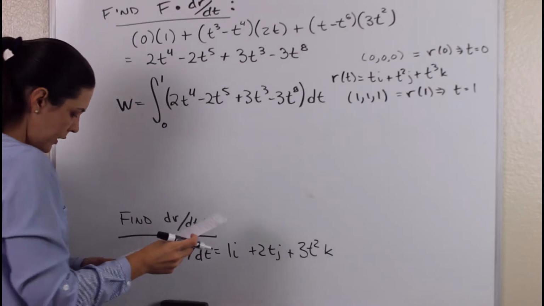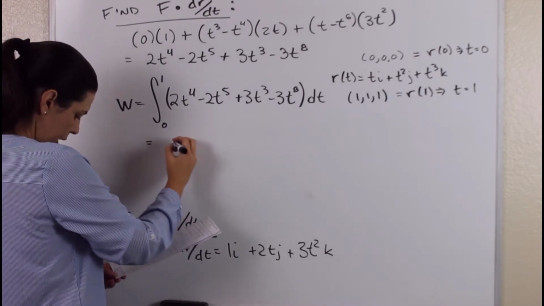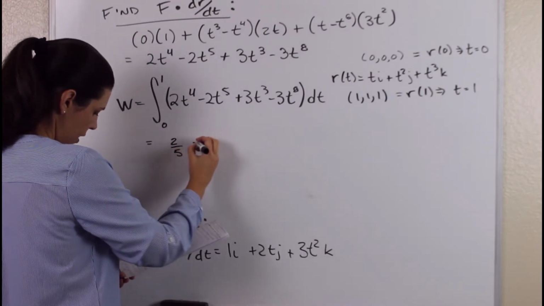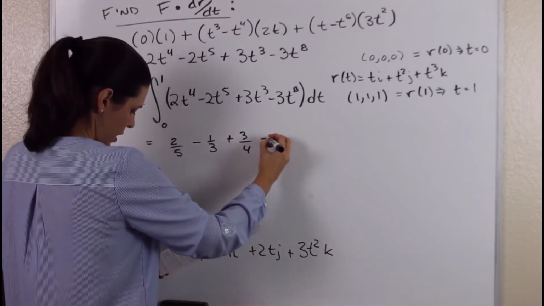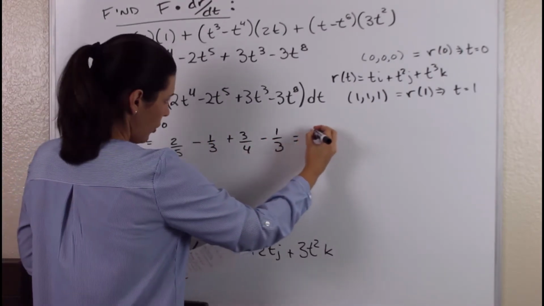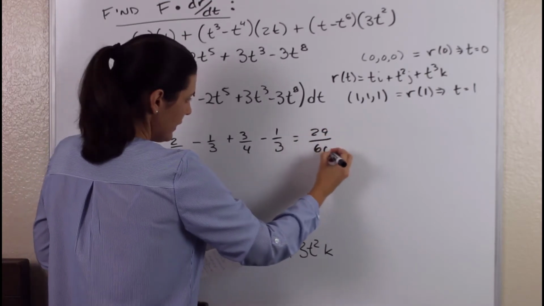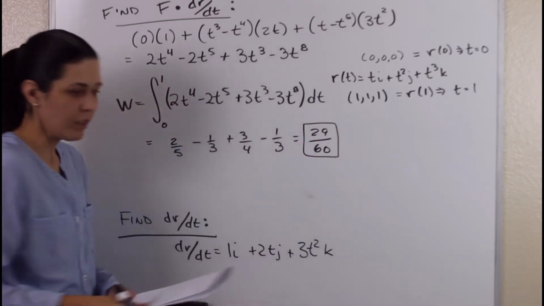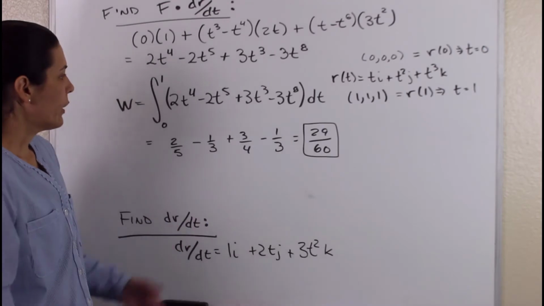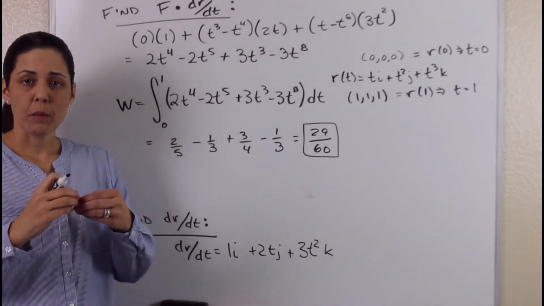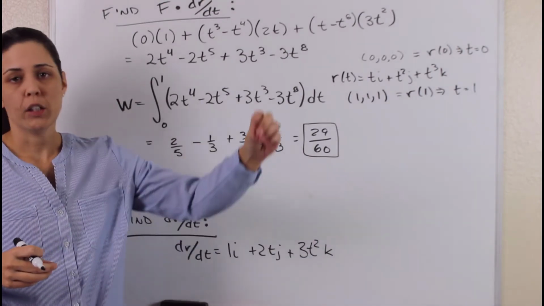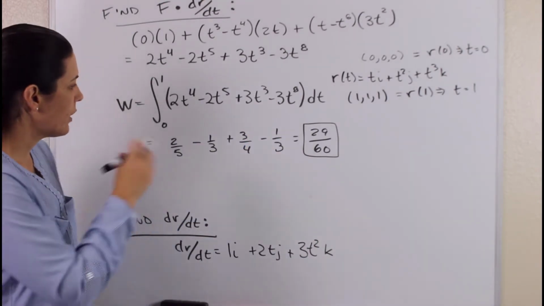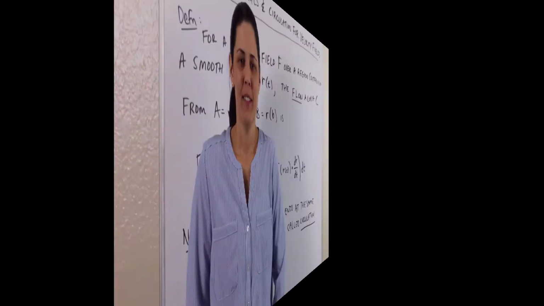I'll skip that step and we'll just go to what we get. We're going to get 2/5 minus 1/3 plus 3/4 minus 1/3 for a total of 29/60. So that's the work required to move our object from the point 0, 0, 0 to the point 1, 1, 1 along that curve in space, the work done by the force field.